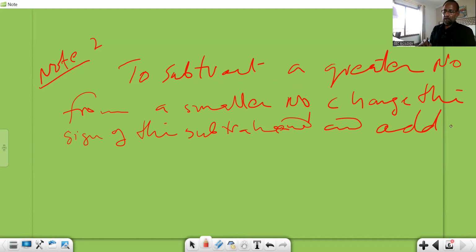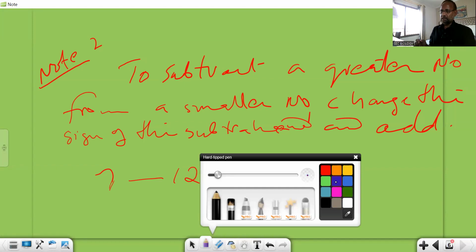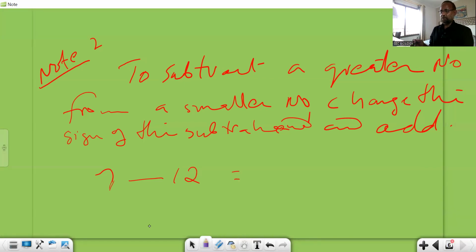Example: 7 minus 12. Yes, sir, how? 7 reals is there. How can I give 12 reals? You have to borrow, that is a problem for you. You do one thing, change the sign of the subtrahend.